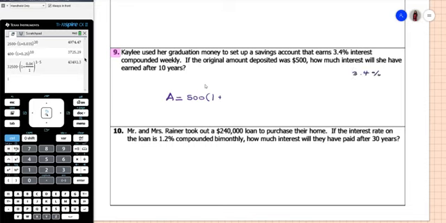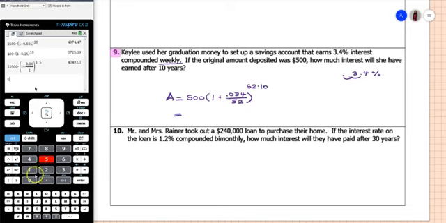We're going to move it twice to the left, so that's 0.034, over the number of times it's compounded in a year. It says weekly, so it's 52 times in a year, to the power of 52, with that n up there as well, and the amount of time, which is 10 years.